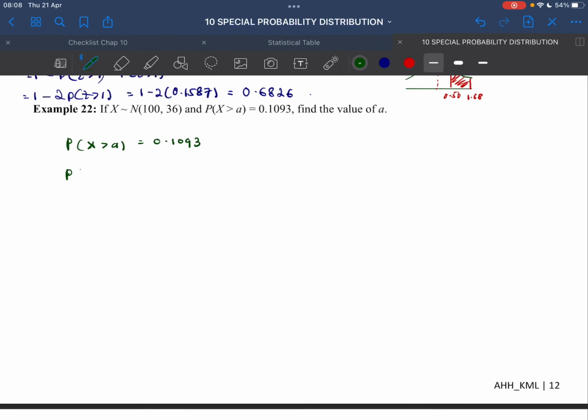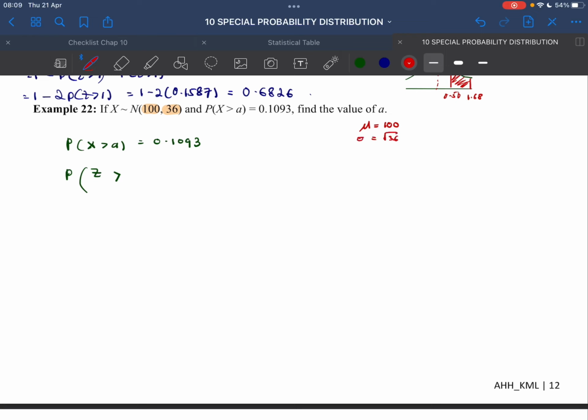So here we have P(Z greater than, so here we have our mean 100 and our variance is 36. Mean is 100, so the standard deviation is basically square root 36.